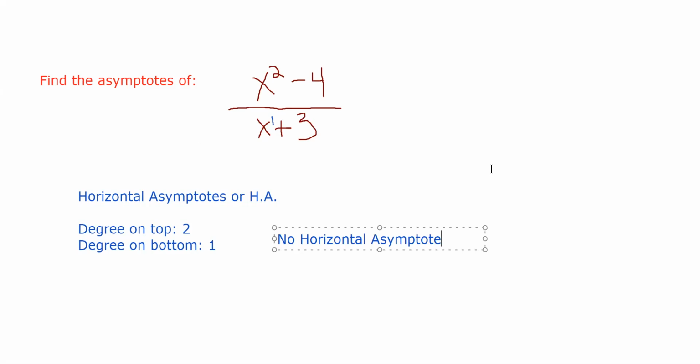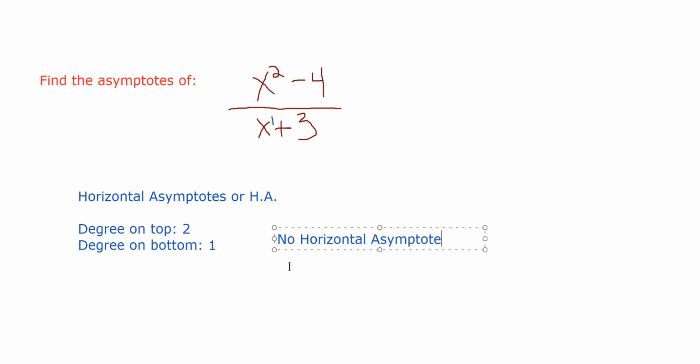You're limiting its potential. But when the degree on top is greater than the degree on bottom, the numerator is just going to blow up faster to infinity as you insert larger and larger x values, and the bottom won't be able to keep up. So the whole thing is going to blow up to infinity and is not going to be bounded like that. You're not going to be able to put any limitations on it.